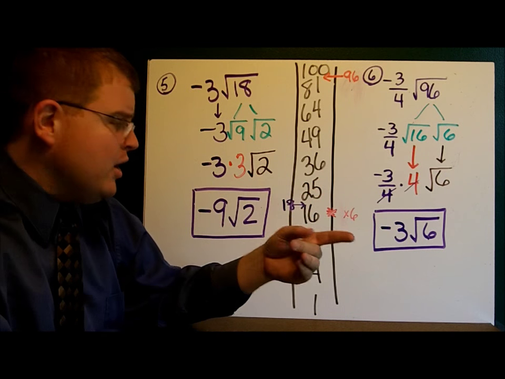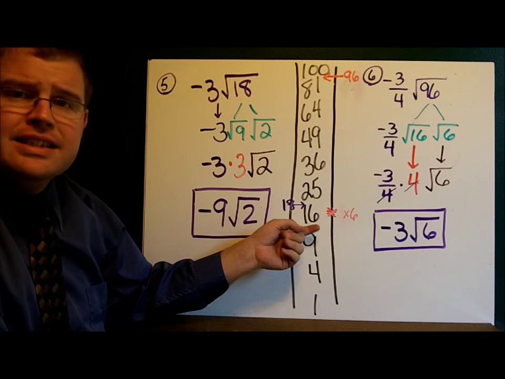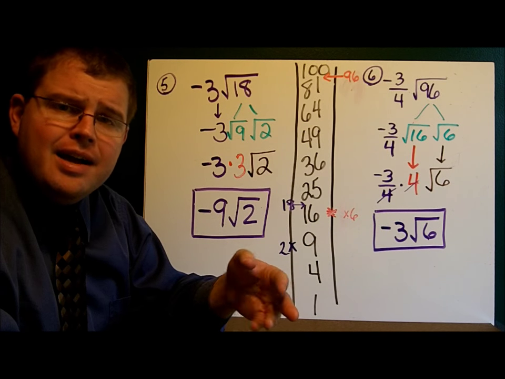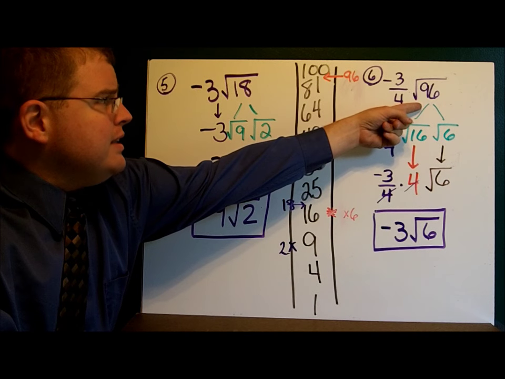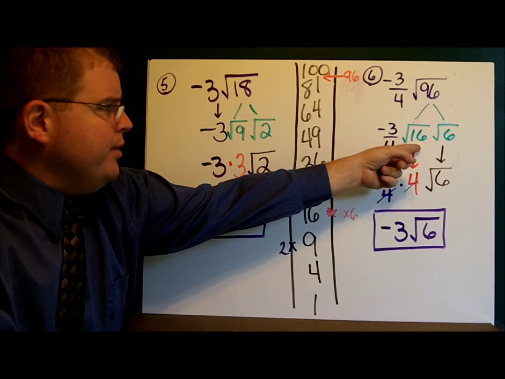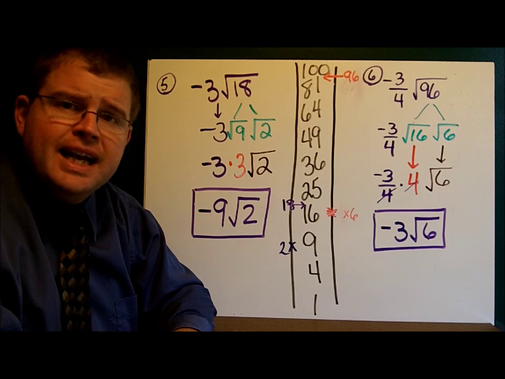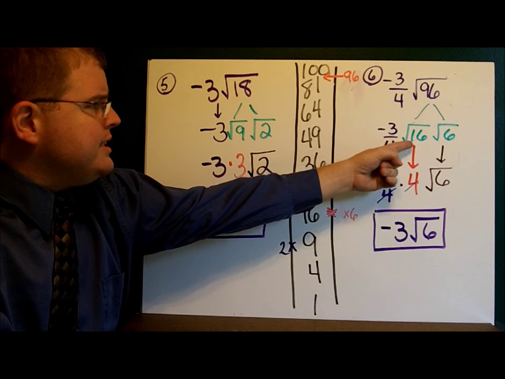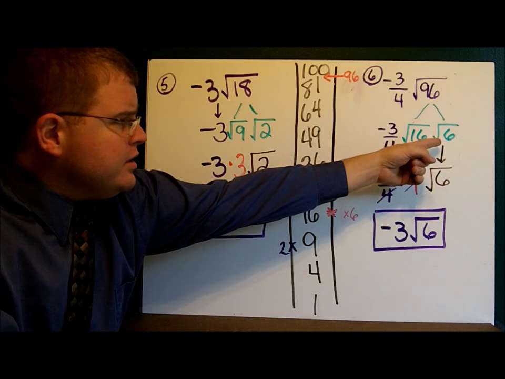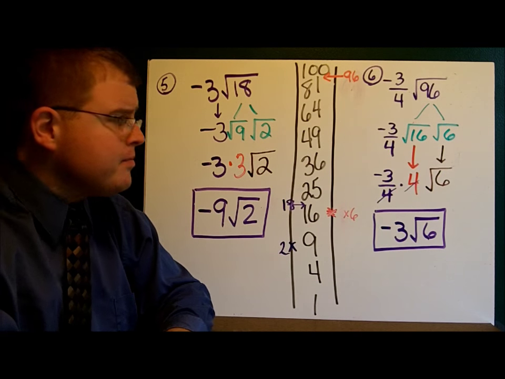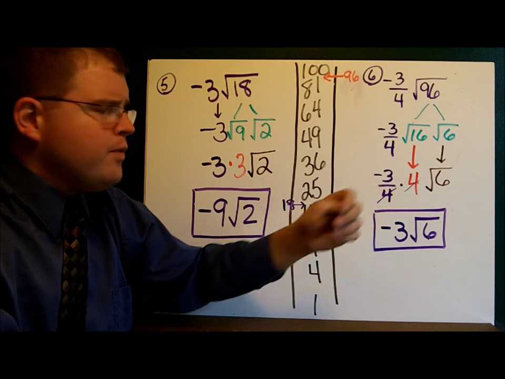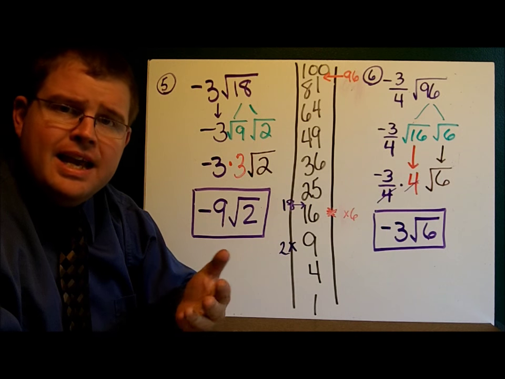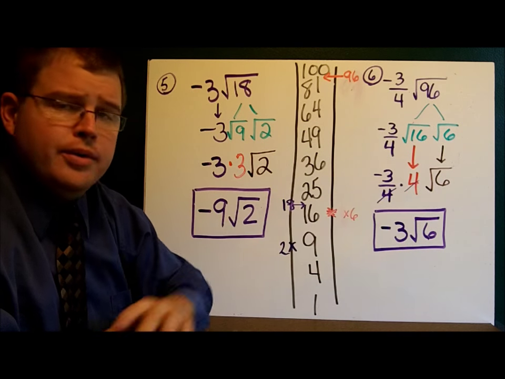No. I'm starting to lose hope. 16 does. 16 goes into it 6 times. 16 is the biggest one. So, 16 and 6, square root of 16, square root of 6. Now the square root of 16 is 4, square root of 6 just comes down. And so does that negative 3/4. Negative 3/4 times 4 is negative 3, square roots of 6.